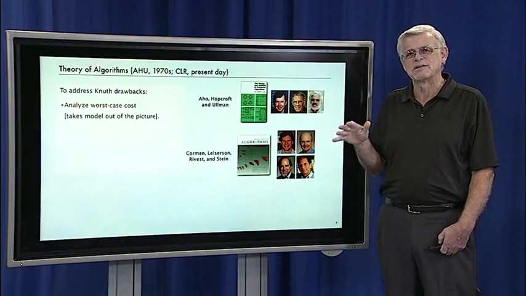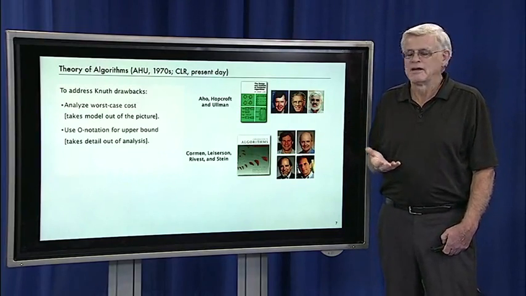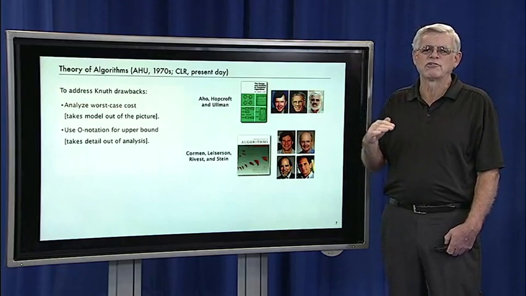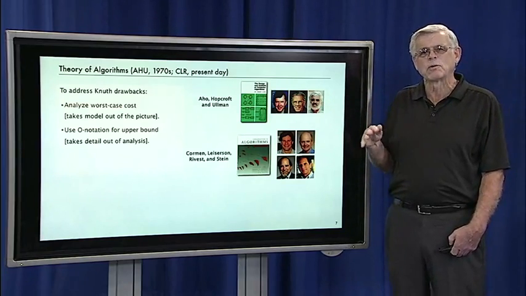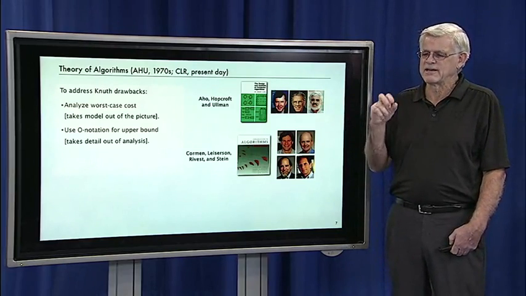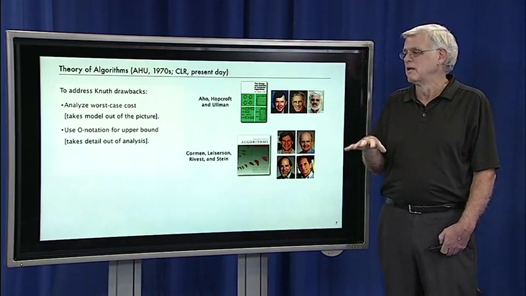What we want is a guarantee on the worst case running time of an algorithm. And the second thing is we just use big O notation and try to get an upper bound on the worst case cost. That's a way to get a lot of the detail out of the analysis. So we're looking at a guaranteed upper bound on the cost of an algorithm.